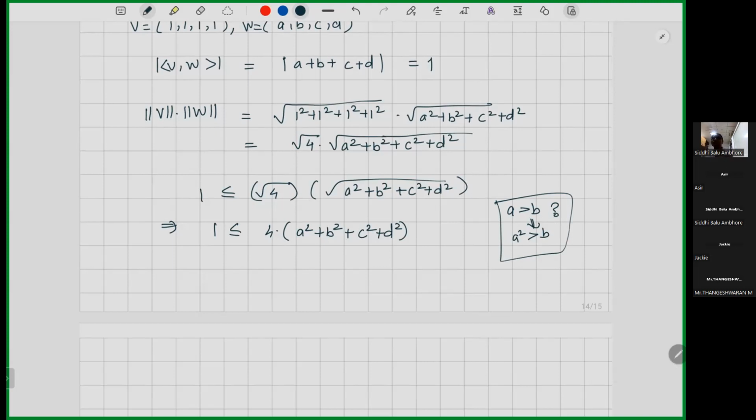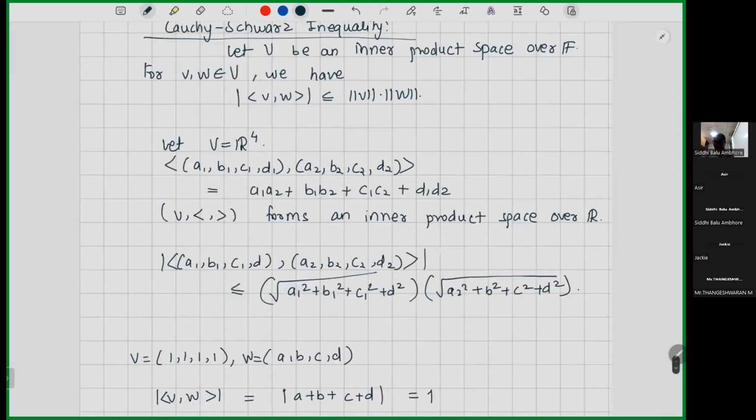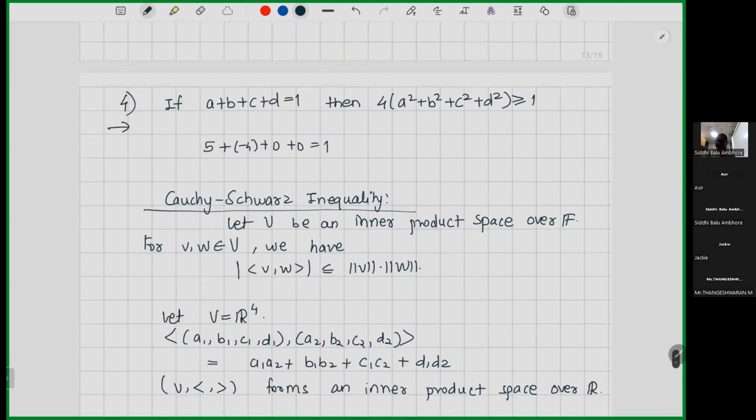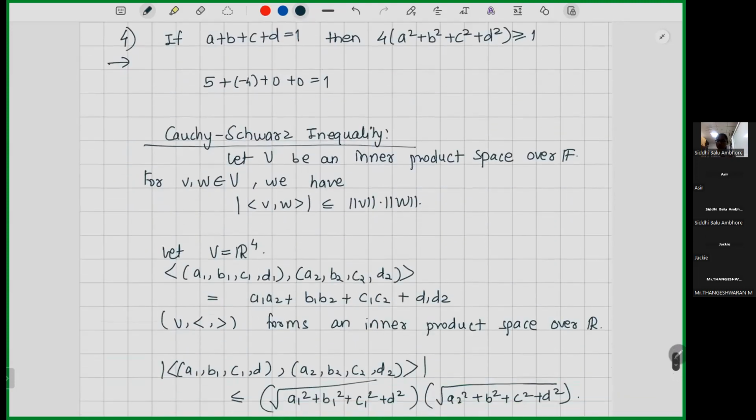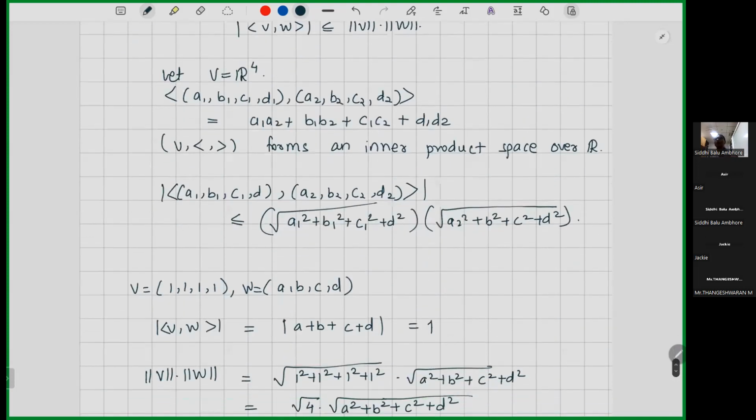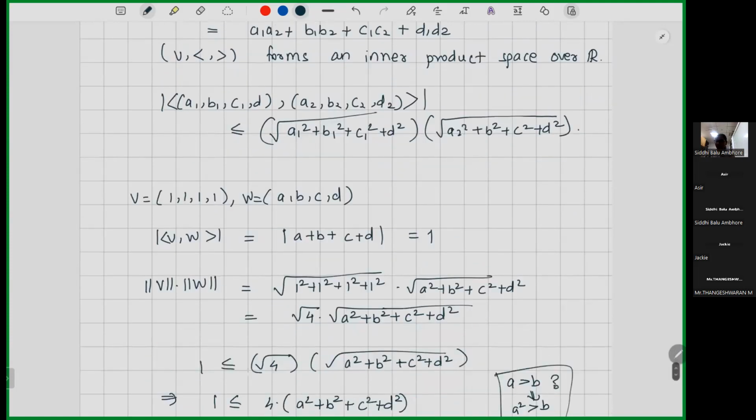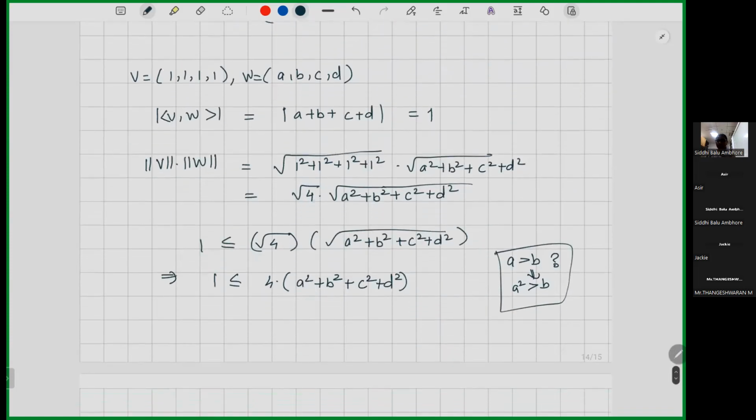Is it okay? Yes. So this proved this inequality. And this V equal to R4 was not of any significance. This is true for any Rn. We can prove this. And here, instead of square root 4, we will get square root of n, and here a1 square, a2 square up to an square.